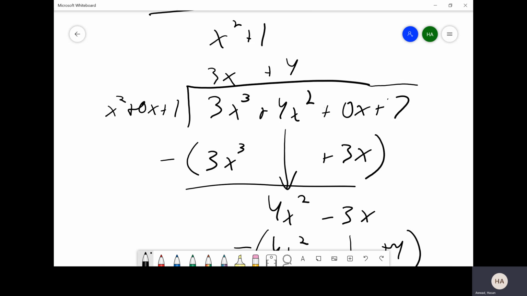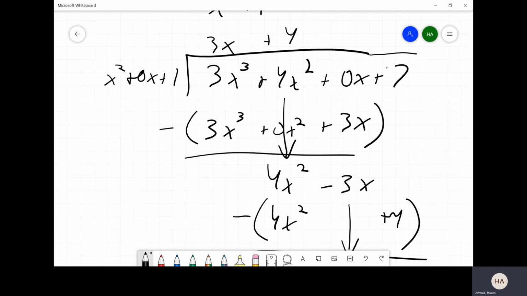Well, because you have 3x times x squared, which would give you the 3x cubed, then 3x times 0x. Well, 3x times 0x is just going to give you 0, so 0x squared. So we would have plus 0x squared in here, which doesn't change anything, right? 4x squared minus 0x squared is still just going to give you 4x squared.